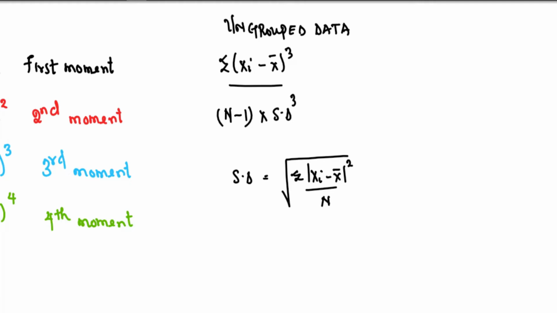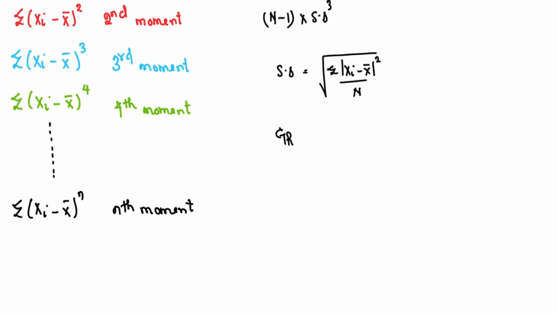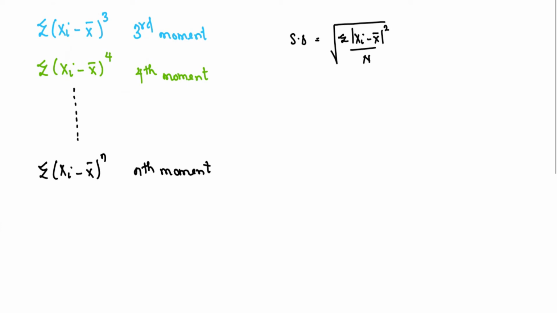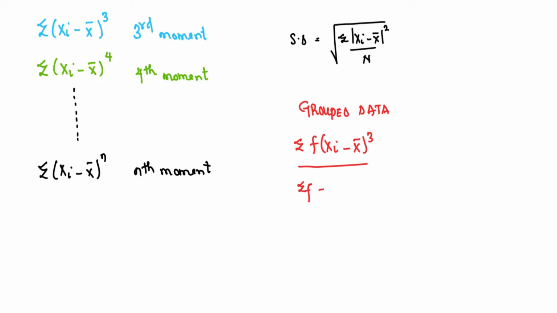If we have a frequency distribution, that is, a grouped data, and to be specific, a grouped data based on score, the third moment formula is going to be the summation of f times (xi minus x bar) all raised to the power of 3, divided by, since the size of the data here is the summation of f, (summation f minus 1) times the standard deviation all raised to the power of 3.